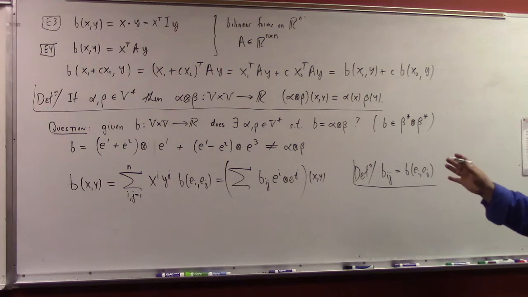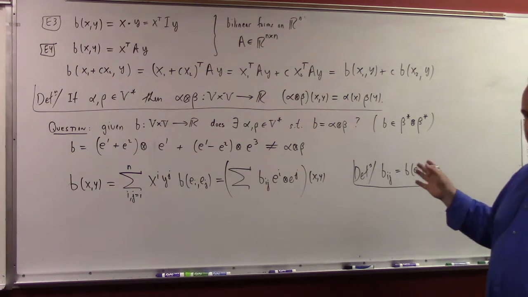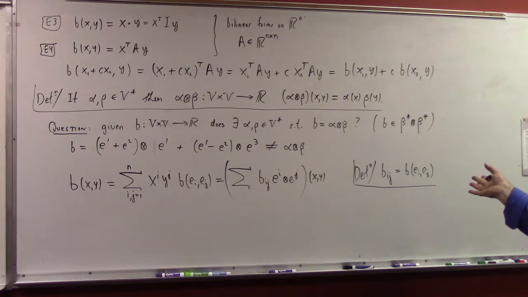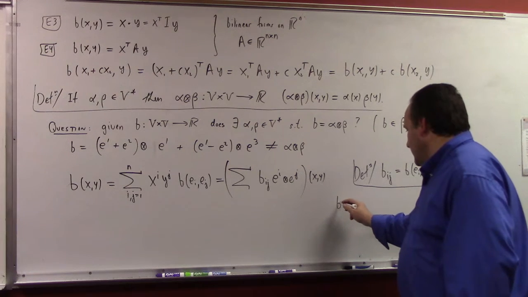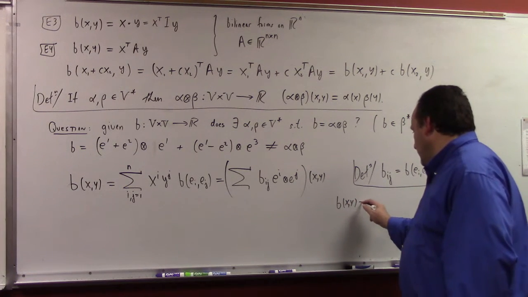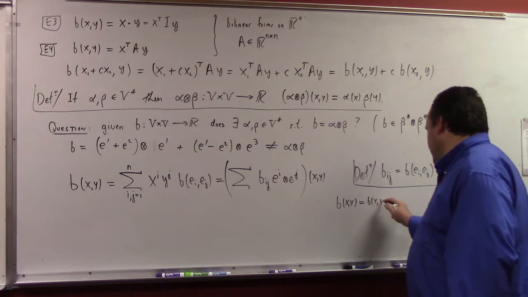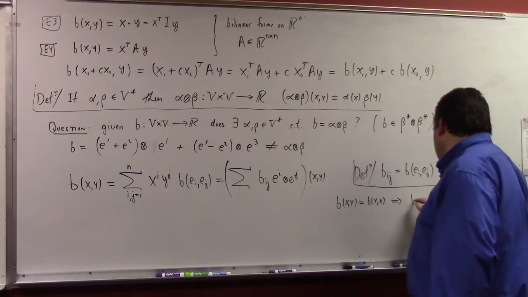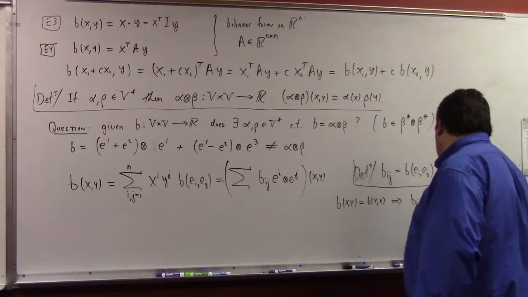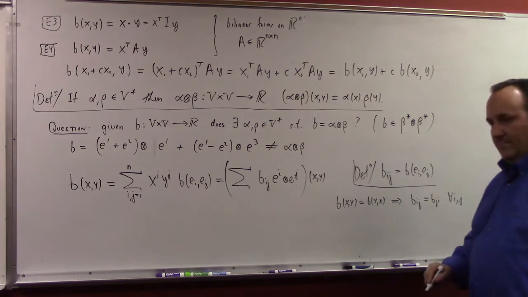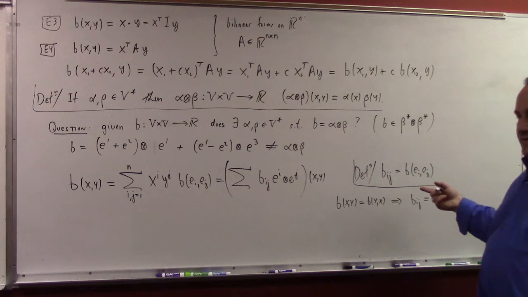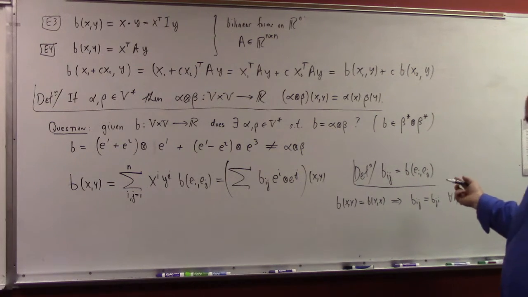So every bilinear form corresponds in some sense to a matrix. All right? If B is symmetric, if B of x, y is equal to B of y, x, what does that say? That implies that b_ij is equal to b_ji for all i, j. And so a symmetric bilinear form will have a symmetric matrix.